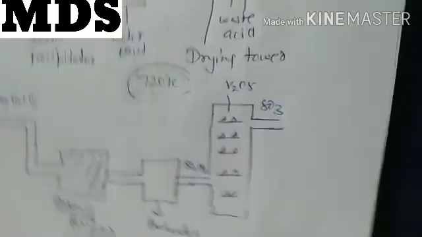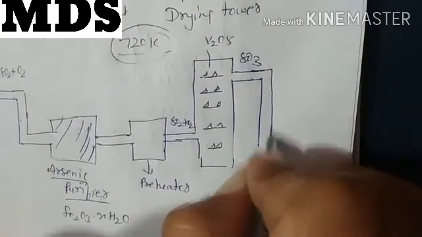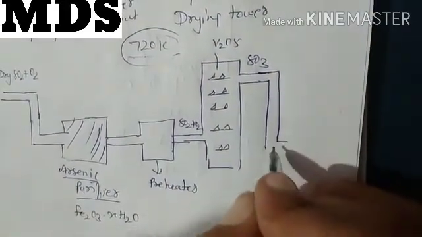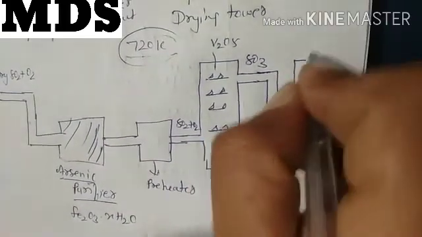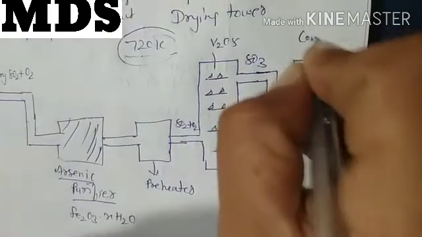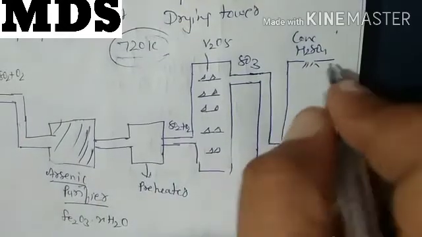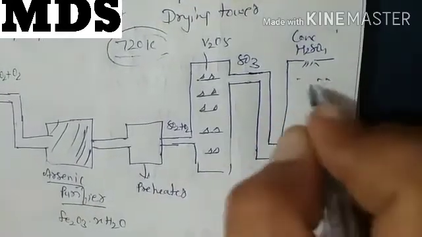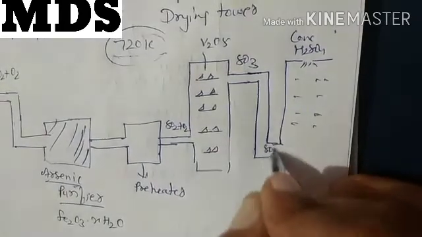Okay, after that we will pass this SO3, sulfur trioxide, into a chamber where we are spraying concentrated H2SO4. Concentrated H2SO4 we are spraying over here over the sulfur trioxide.